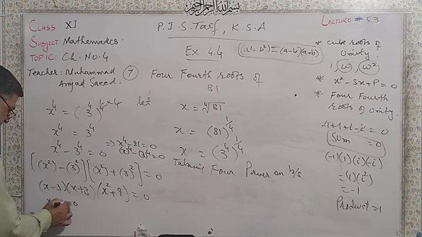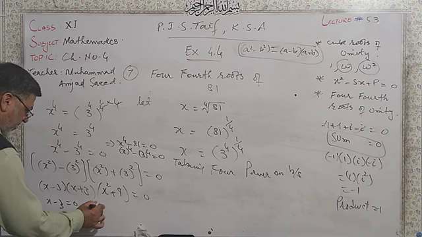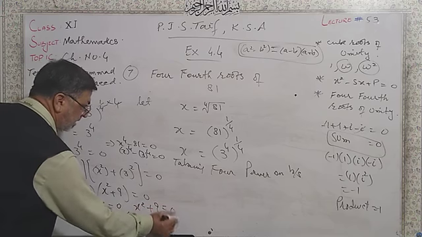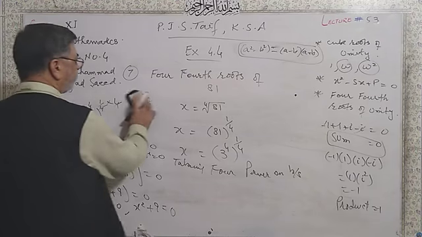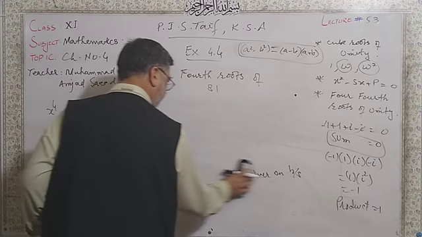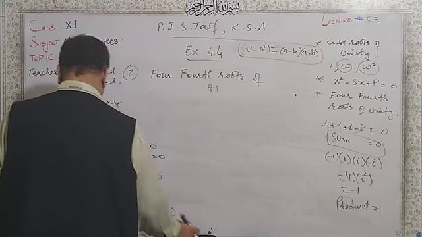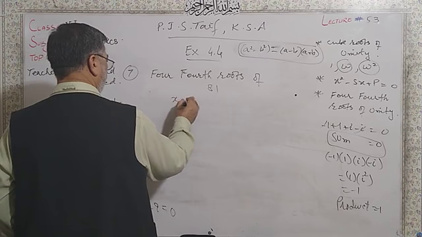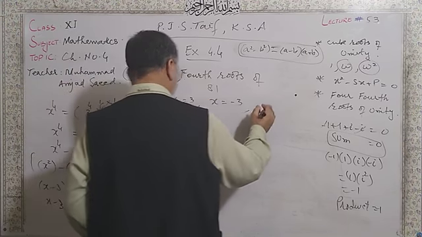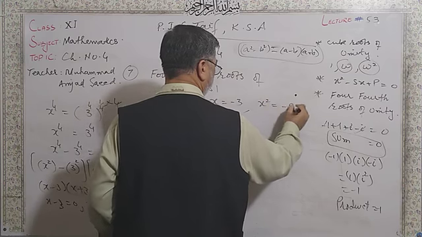X minus 3 is equal to 0, x plus 3 is equal to 0, x square plus 9 is equal to 0. After that, we have x is equal to 3, x is equal to minus 3, x square is equal to minus 9.